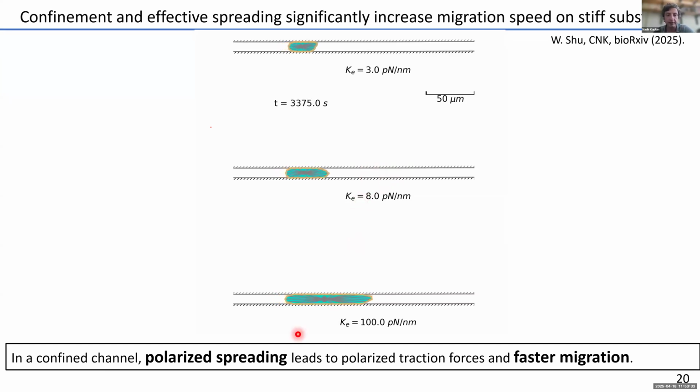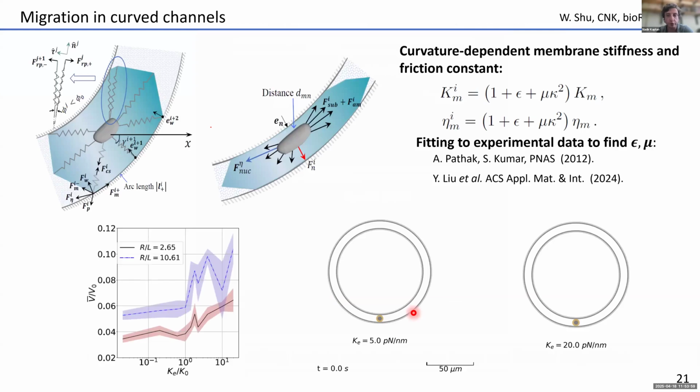And what you see here is that spreading is stronger in a stiffer substrate due to the adhesion reinforcements, but also confinement aligns all the cytoskeletal elements here, such that the traction forces are now directed in a more polarized fashion, and this in fact speeds up the cell.